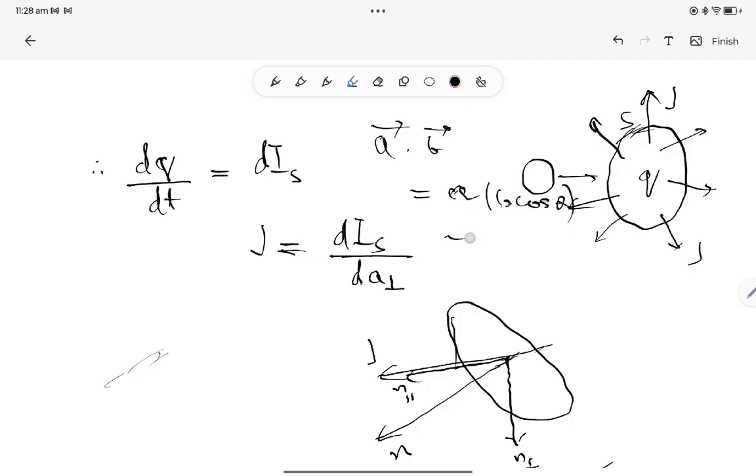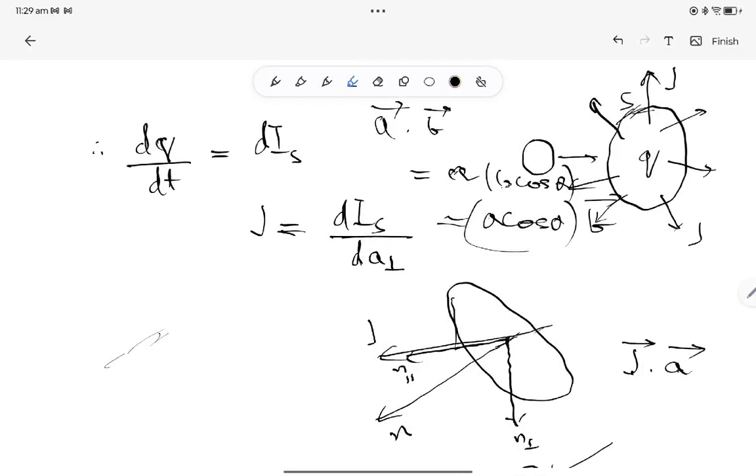Or you can have a cos theta into b, the component of the first vector in the direction of the second, into that. Similarly, you have choices here. Between J dot A, you can take the component of J in the direction of A into full A, or you can take full J but only with the component of A in the direction of J. And now I hope you understand these things.